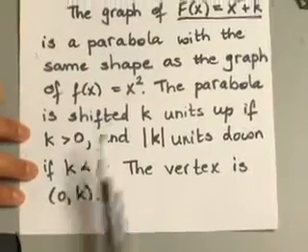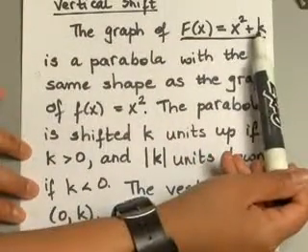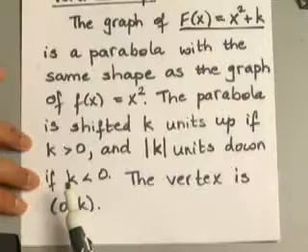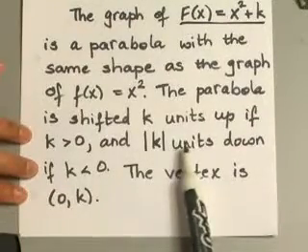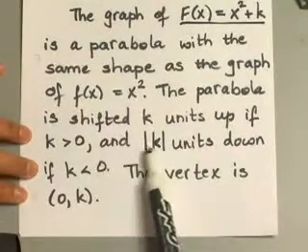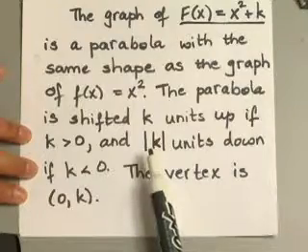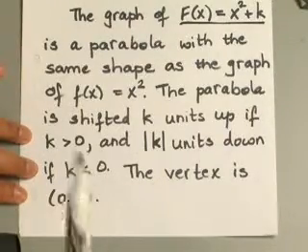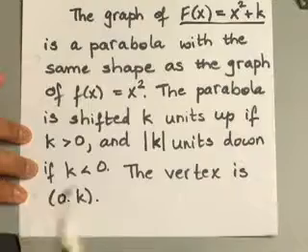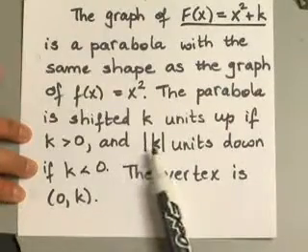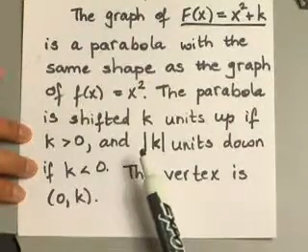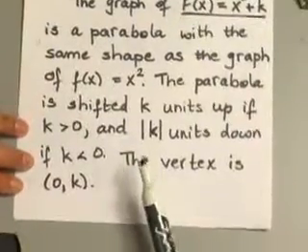And if k is a negative number, and you add a negative number, you will be moving k units down. And we're looking at this in terms of absolute value, because when you move down, you're already taking into consideration the negative sign. So whatever the absolute value of k would be, that's how many units you would shift down.